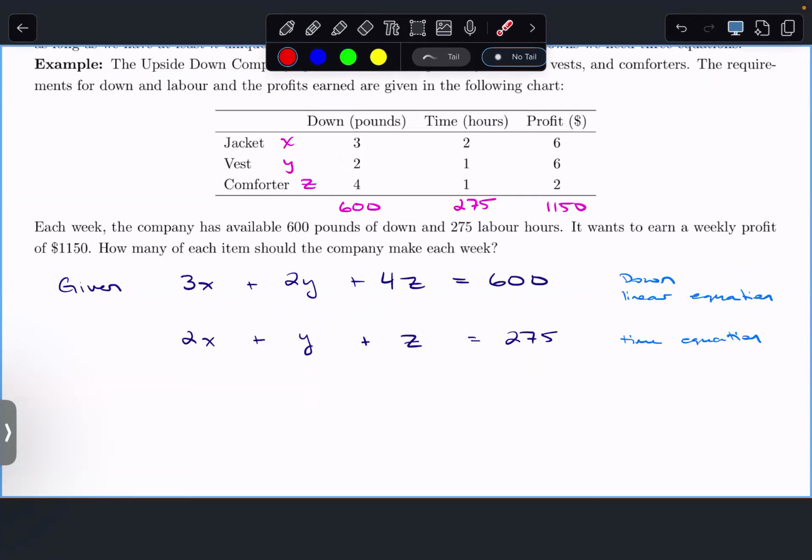But let's see here. So the profit equation is going to be 6x plus 6y plus 2z is 1150, I'm forcing it to be 1150, for the profit equation.